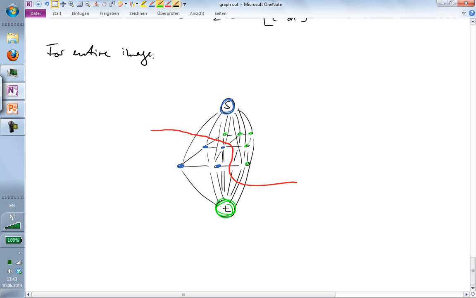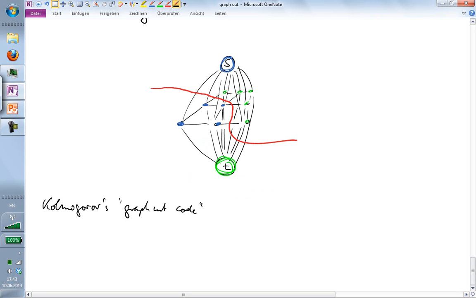So the code, which is now known as GraphCut and developed by Kolmogorov, is a variant of Ford-Fulkerson that recycles augmenting paths. So I'm not going into detail, but I want to explain in words what it does.